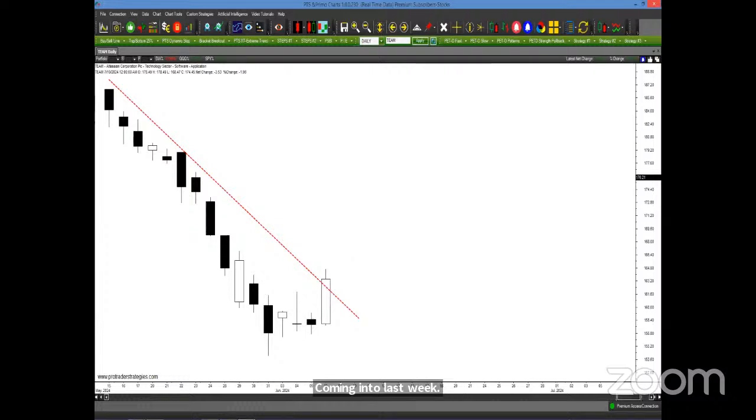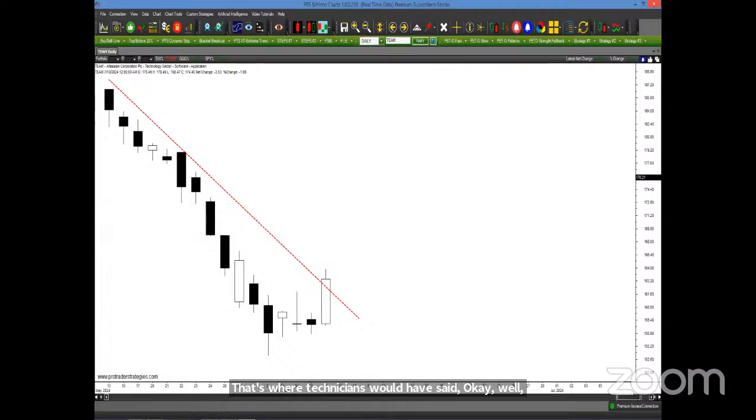Now, a lot of traders like to determine when a trend is going to change using technical analysis 101. For example, they like to see a trend change when we have some type of resistance or trend line that has been broken. Now, we have a downward trend line right here. And based on this bar, which was just about a month ago, that's where technicians would have said, okay, well, this is a buy signal, so I guess I should go long, right?